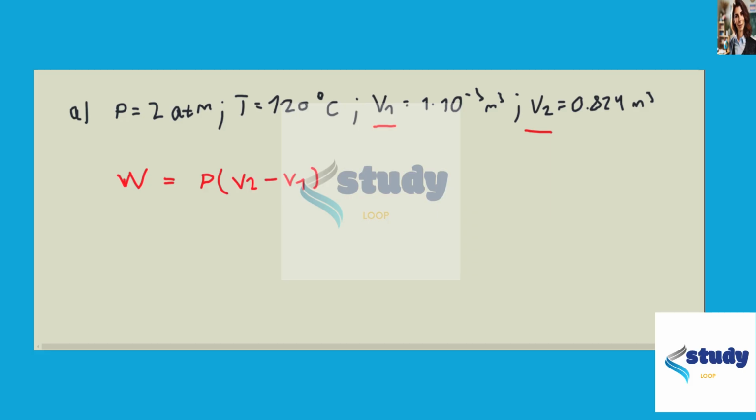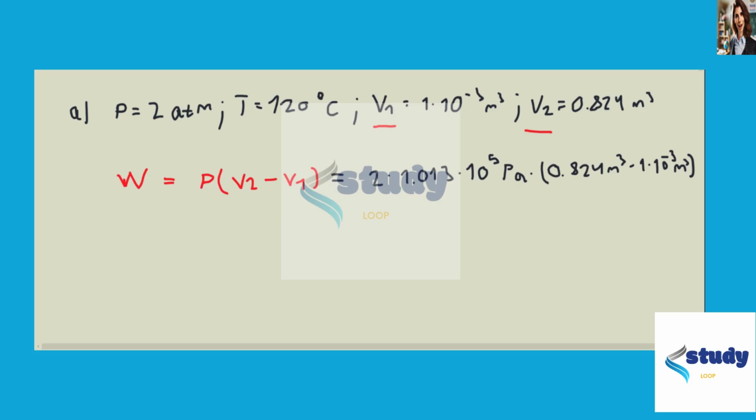So here we can immediately substitute the known values. So this is going to be 2 times 1.013. This is conversion from atmospheres to pascals, times the change, which is going to be from 0.824 meters cubed minus 1 times 10 to the minus 3 meters cubed.